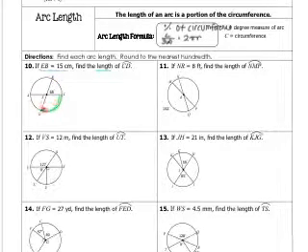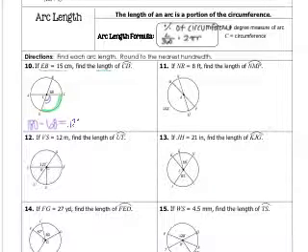I can also think of arc BCD makes 180 degrees, and it's made up of BC and CD. So either way you think about it, to find this angle right here, I'm going to do 180 minus that 68 that I already know. And that leaves me with 112 degrees.